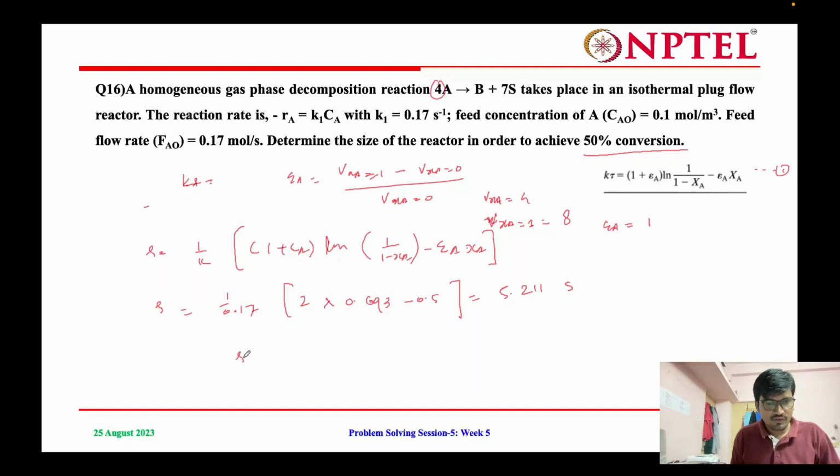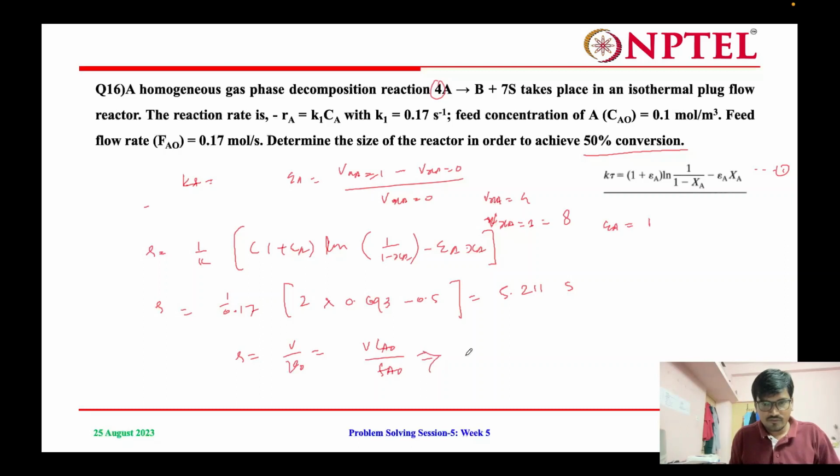So now tau is equal to V by V naught, right? You can write V naught as feed flow rate, in terms of molar feed rate, right?